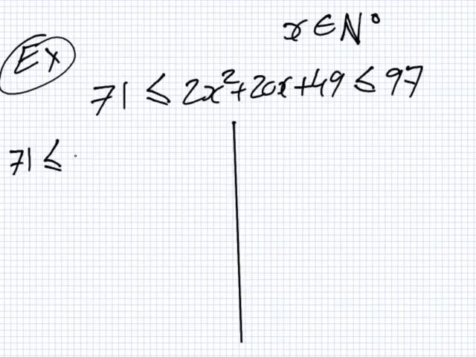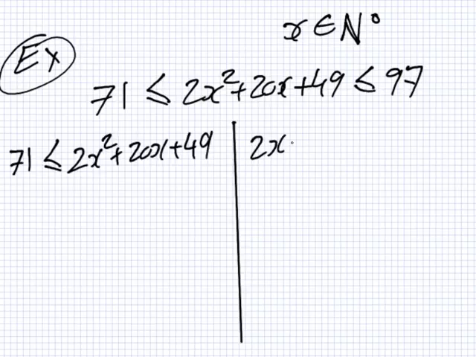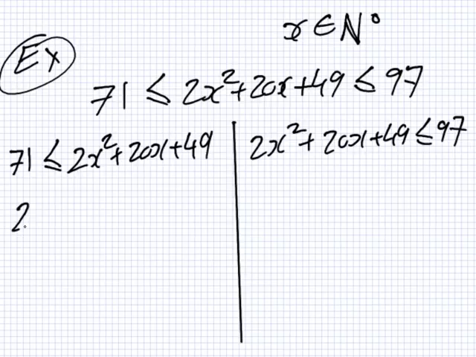71 less than or equal to 2x squared plus 20x plus 49. 2x squared plus 20x plus 49 less than or equal to 97. So here we have 2x squared plus 20x, and then 49 minus 71 is 22, bigger than or equal to 0.